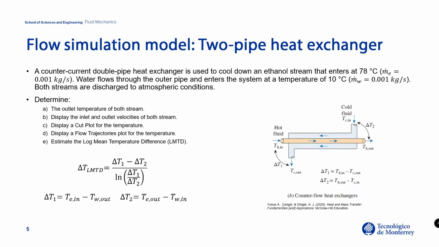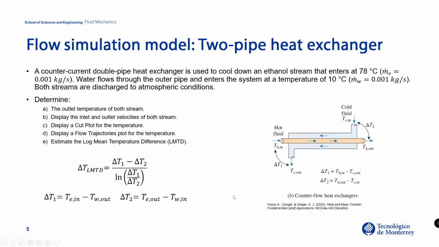We want to know the outlet temperature for every stream, and we also need the temperatures for the inlet. In this case we already know the temperature in the inlet for both streams, but we need to set some goals in order to determine the outlet temperature for both the water and the ethanol.